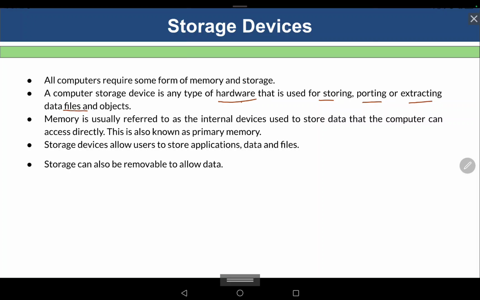That includes internal memory, which we can call primary memory storage, and also external devices that can be removed or connected when needed. Throughout this topic, we'll explore primary memory storage, secondary memory storage and even offline storage. We'll look at all these devices and how they work.